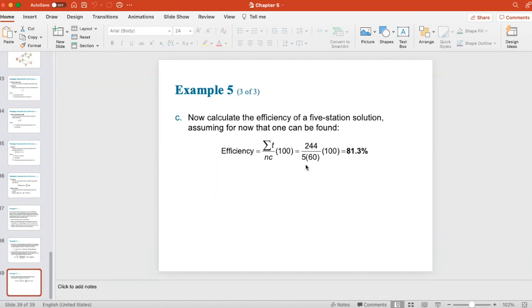So 5 times 60 seconds gives you the maximum capacity time that 5 workstations can use, which is 300 seconds. Then you use 244 divided by 300 and times 100. That will give you the corresponding percentage that we use during this whole production process. This corresponds to the concept of efficiency.